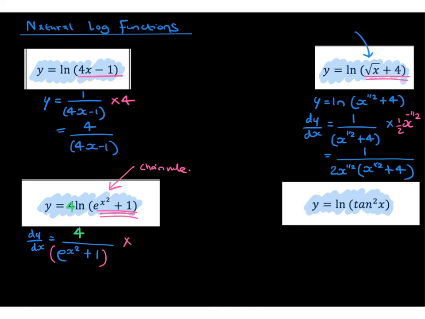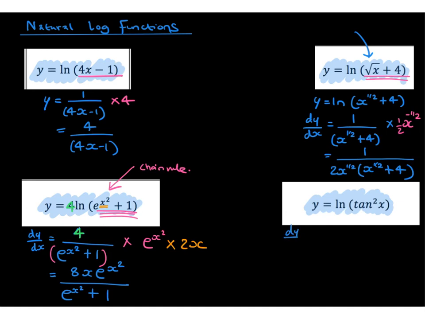Differentiating e to the x squared, it's an exponential, so it differentiates to itself, but you then need to multiply by the derivative of the inner function as well, which is 2x. So watch the chain rule being used multiple times in this question. So we end up with 8x e to the x squared in the numerator, all over e to the x squared plus 1 in the denominator.